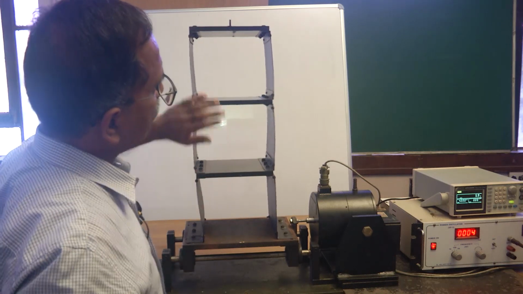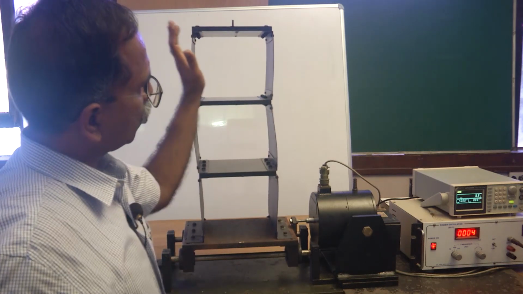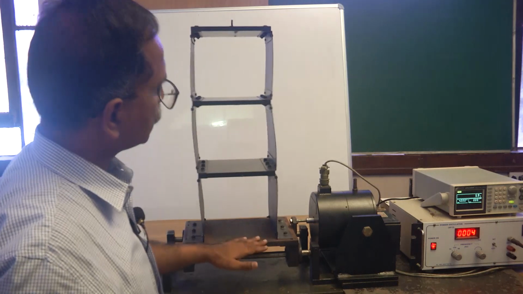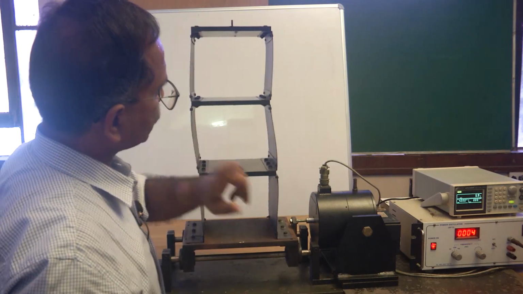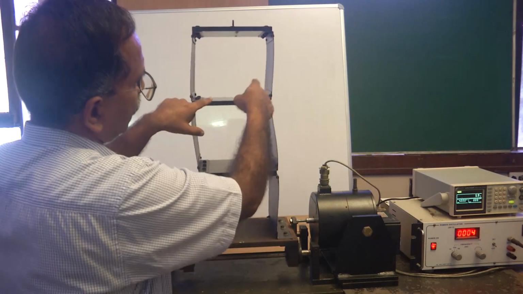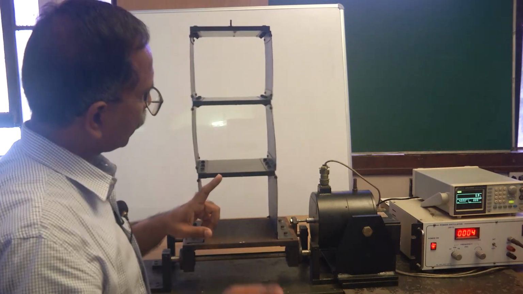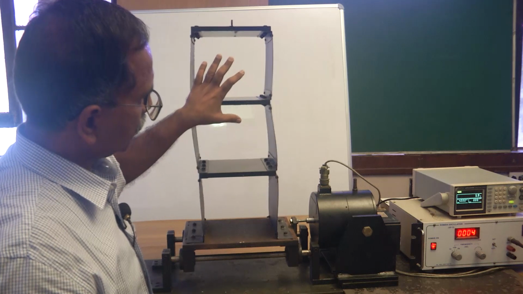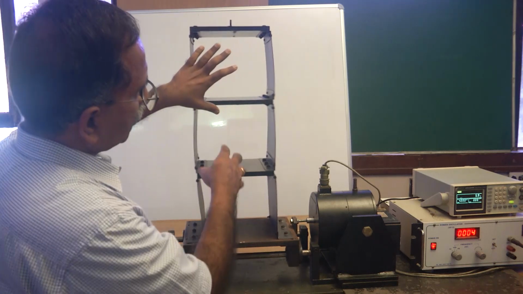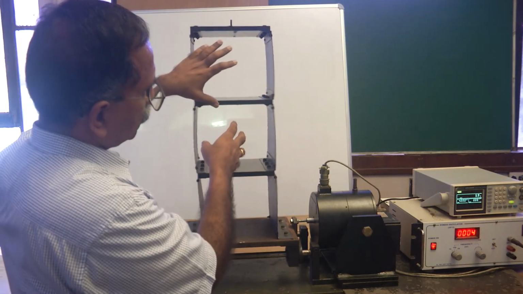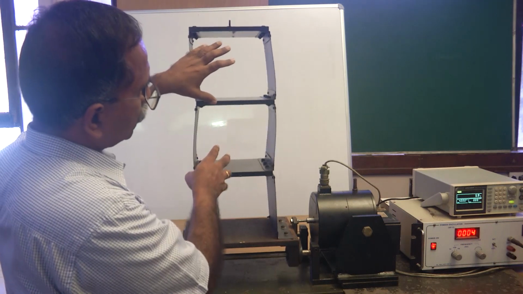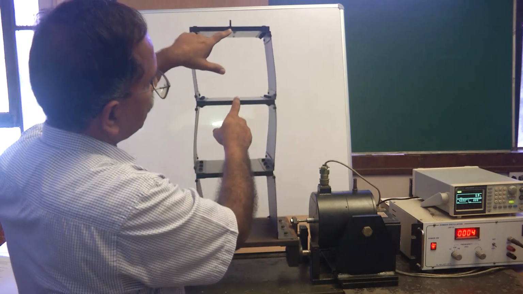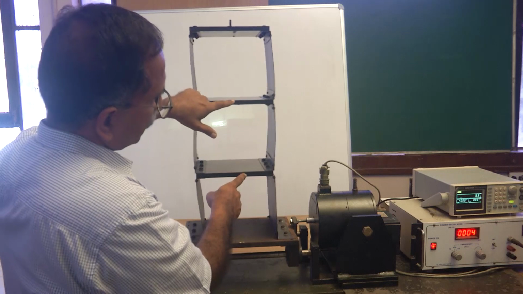Which means that in the first mode we never observed any node point between this plate and the top plate. In the second mode we observed a node somewhere closer to this plate. There was only one node. And in the third natural mode shape, we see now a possibility of two nodes being observed. One is between this one and this one, and the other one is between this one and this one.